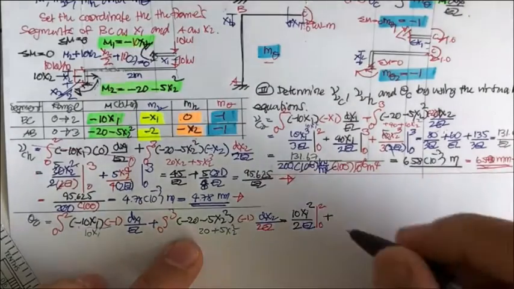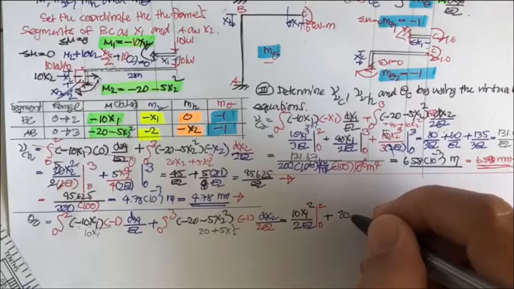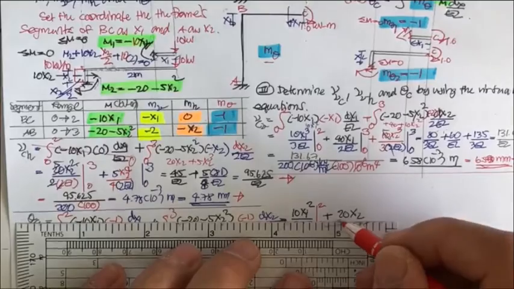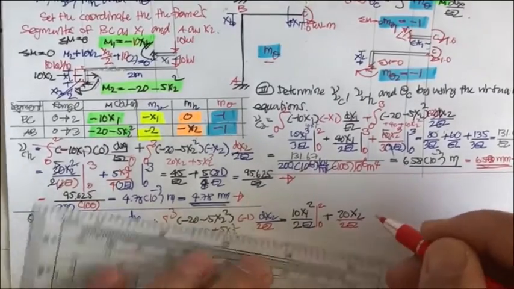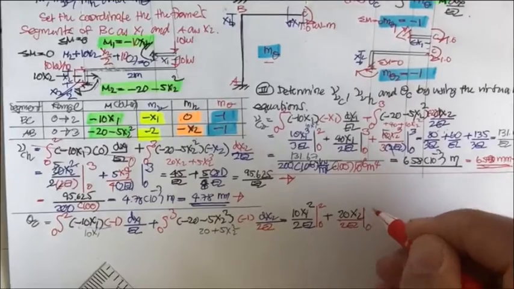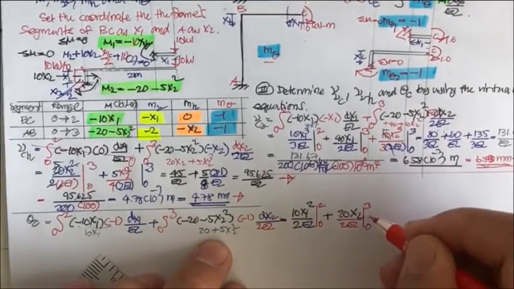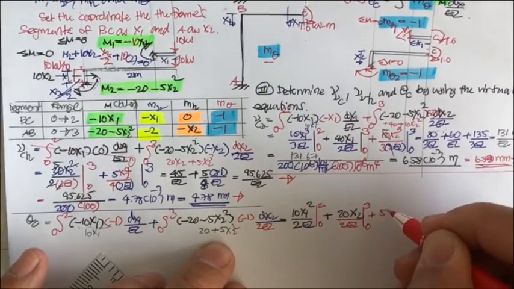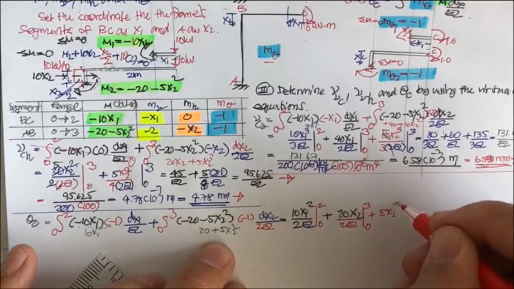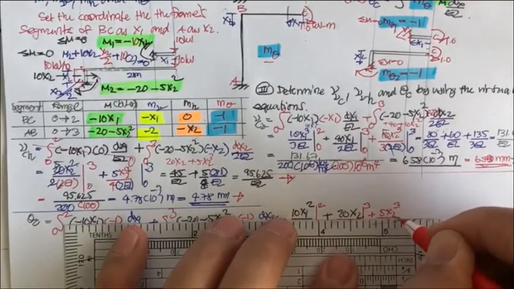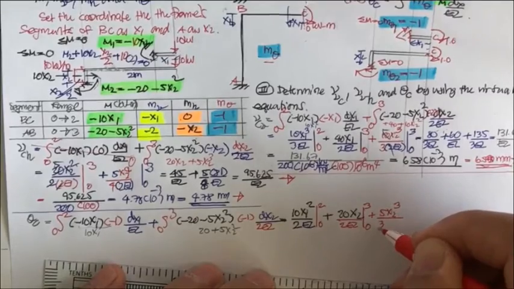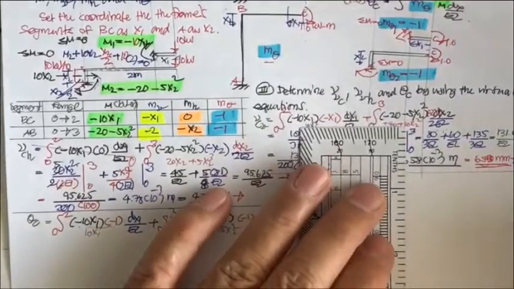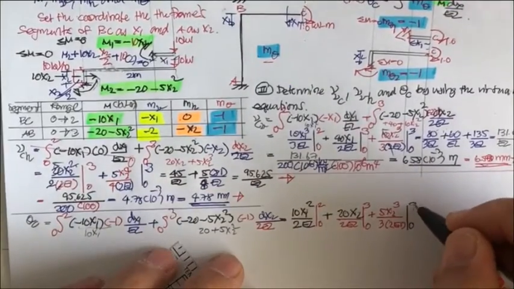Okay, you can get 20 times x2, plus this time you're going to divide it by 2EI, and you integrate from 0 to 3, and the last one plus 5x2 power 3 divided by 3, and also 2EI, and then you do the integration from 0 to 3.